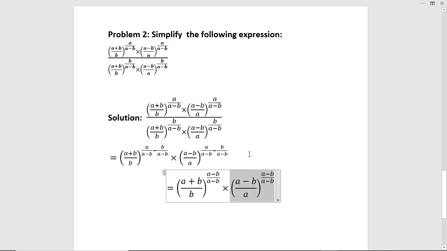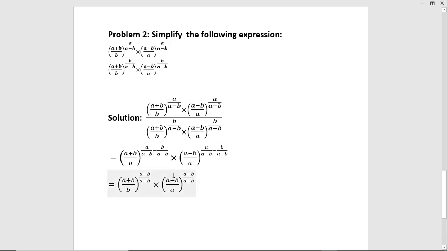So if we subtract the powers, we will get this expression. A minus b will be taken as LCM as denominator, and we will get a minus b over it. And look here, a minus b divided by a minus b, that is 1. A minus b divided by a minus b, that is 1.